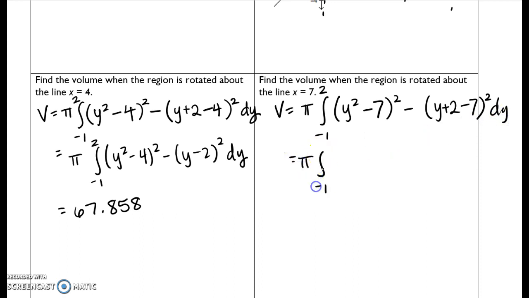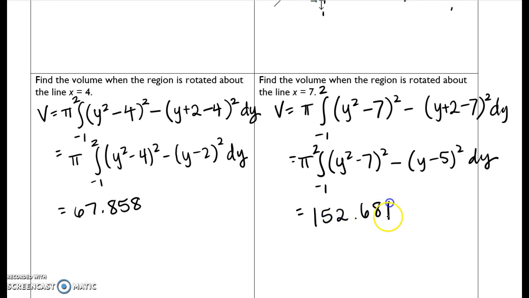So pi times the integral from -1 to 2, y squared minus 7 squared minus y minus 5 squared dy. And that will give us 152.681.